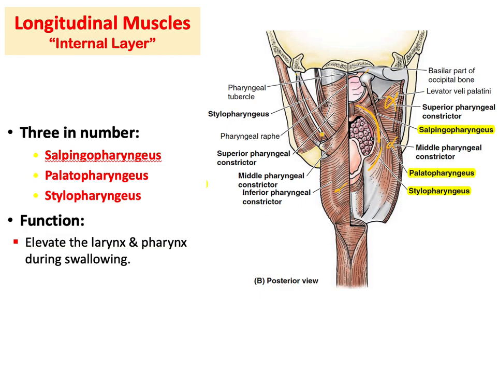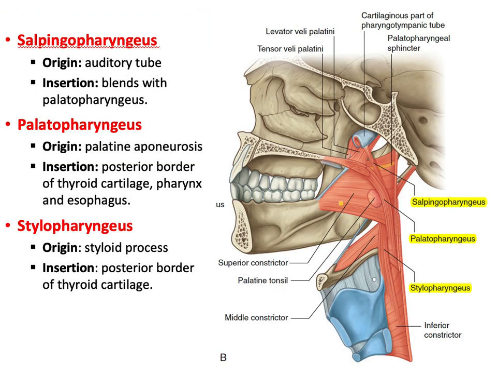These muscles, because of their direction, of course elevate the pharynx and larynx during swallowing. So they elevate the larynx and pharynx.